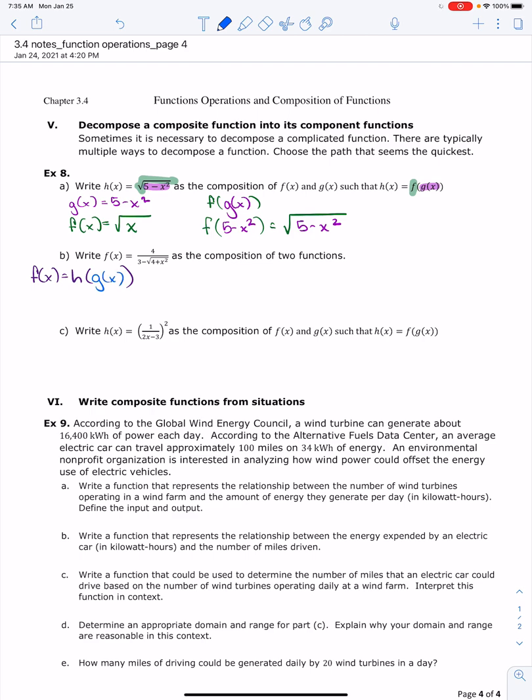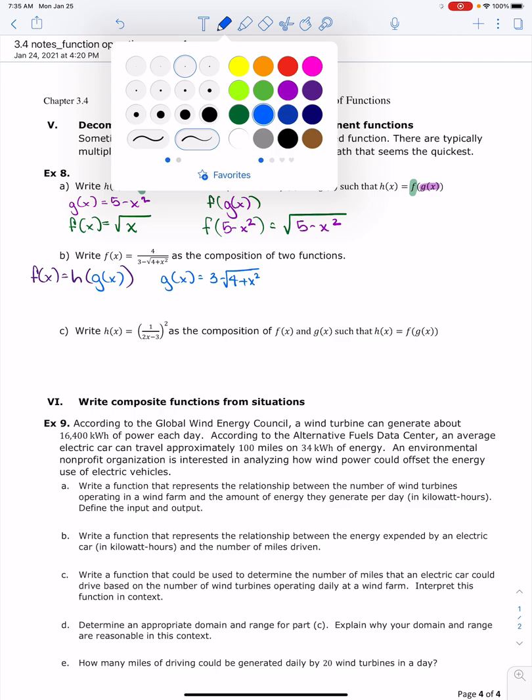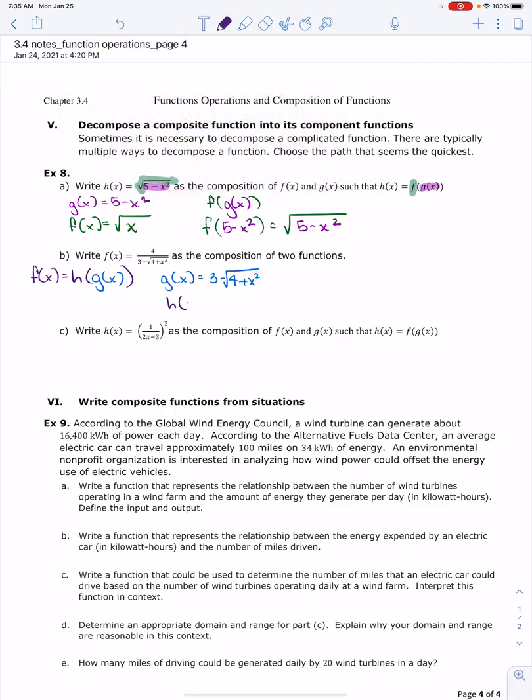And I could make g of x the whole denominator. So 3 minus the square root of 4 plus x squared. And then h of x would be the 4 over x part, and that whole g would go in.